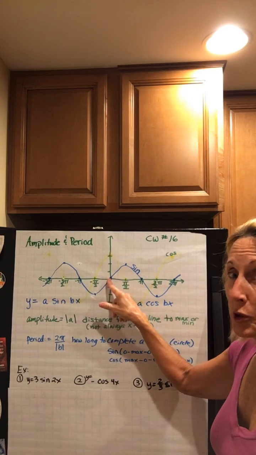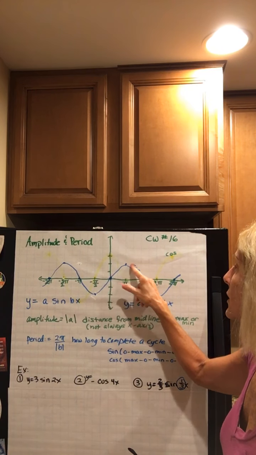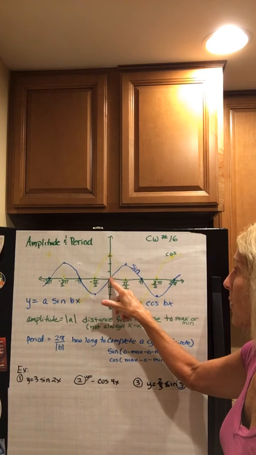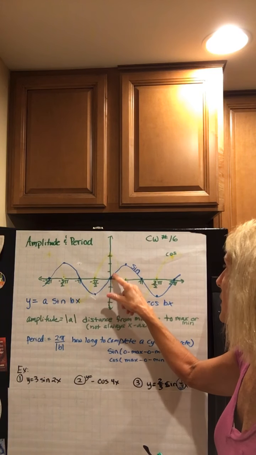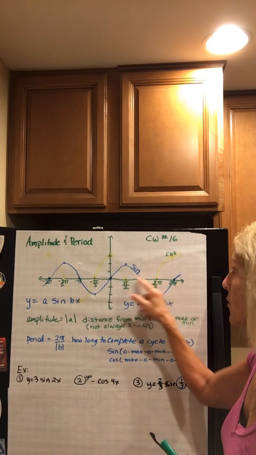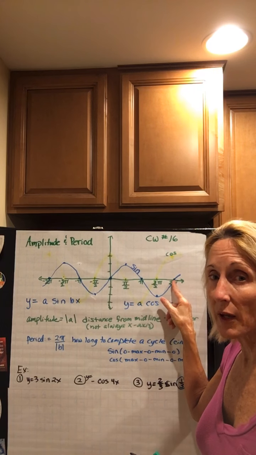On this blue graph, if I go from here to here, that's pi. Well, that's half a circle. If I go from here to here, there's 2 pi. So this is half a circle, this is a full circle. So this graph is 2 pi, that's one complete cycle.